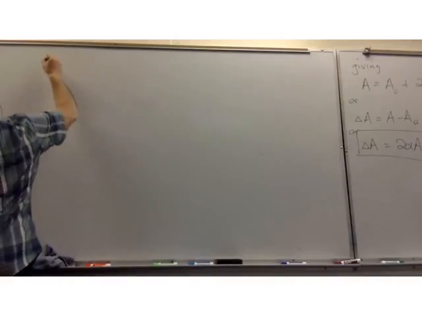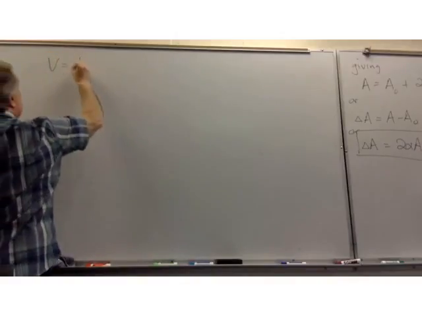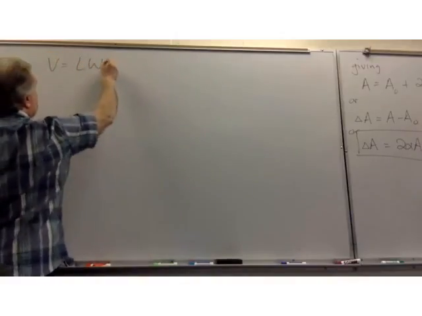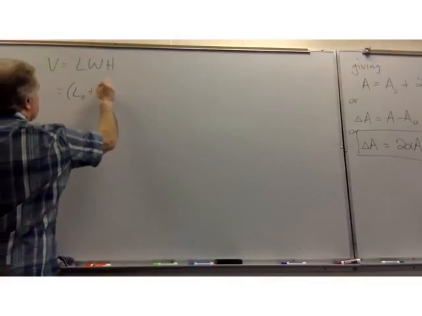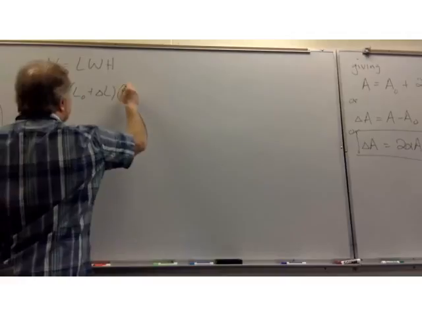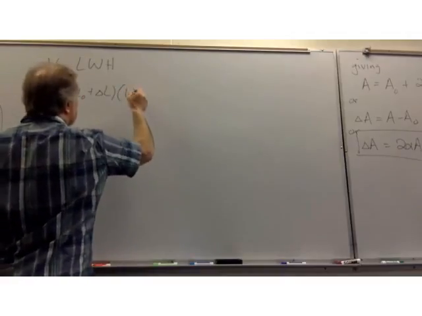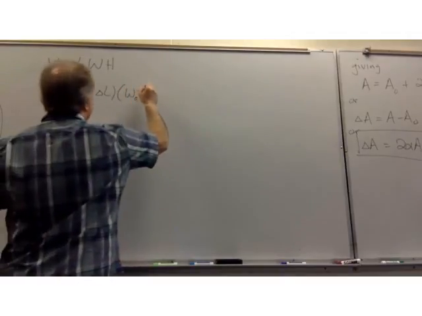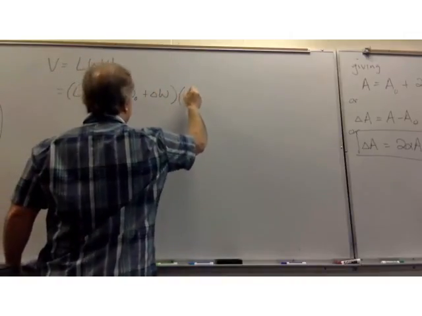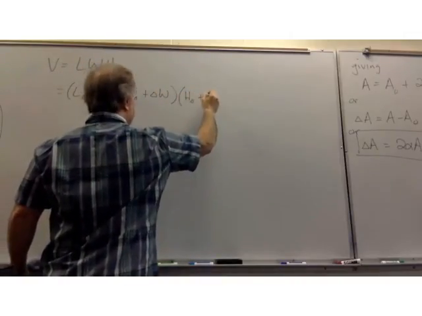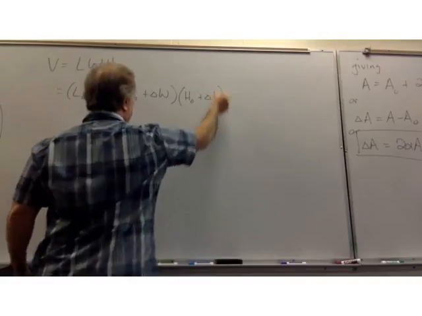I would say the new volume is length times width times height, which would be original length plus delta L, times original width plus delta W, times the original height of the object plus delta H.